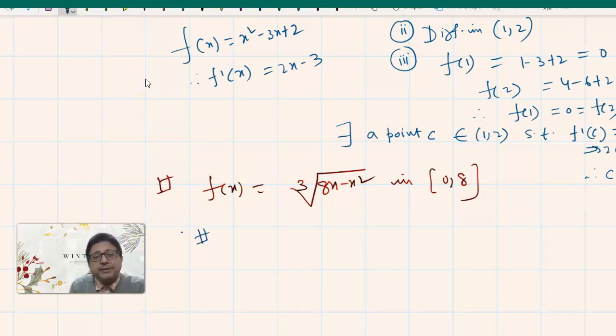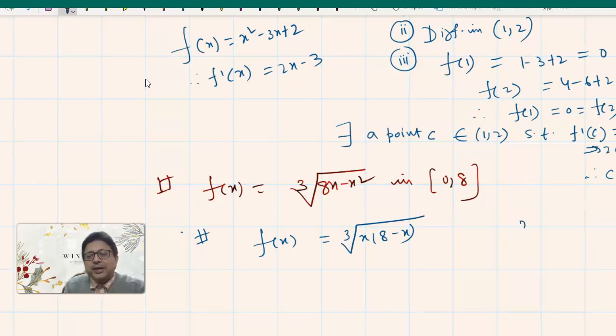Let us verify it. Here, f(x) is nothing but cube root of x into (8 minus x). So when x is greater than or equal to 0 and less than or equal to 8, what about 8 minus x?